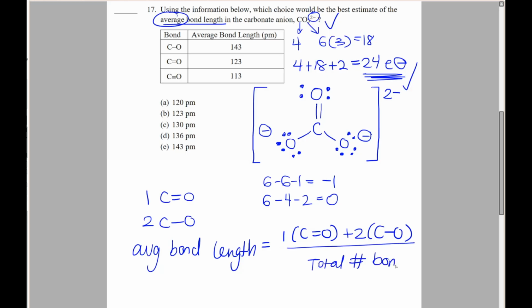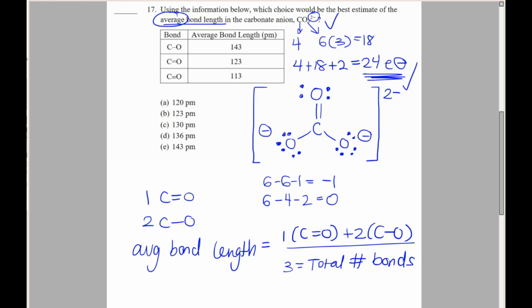number of bonds. And in this case, you might be thinking, oh, isn't it 4 bonds because we have 1, 2, 3, 4. But actually, this double bond should be considered as 1 double bond rather than 2 single bonds. So we actually have a total number of 3 bonds.